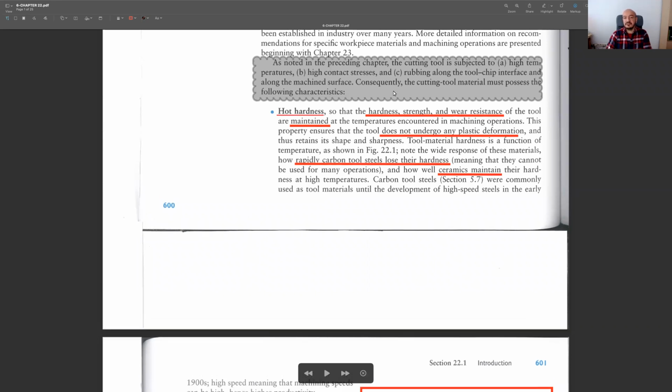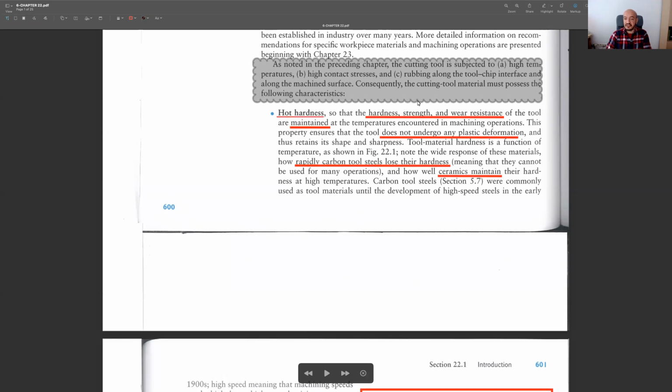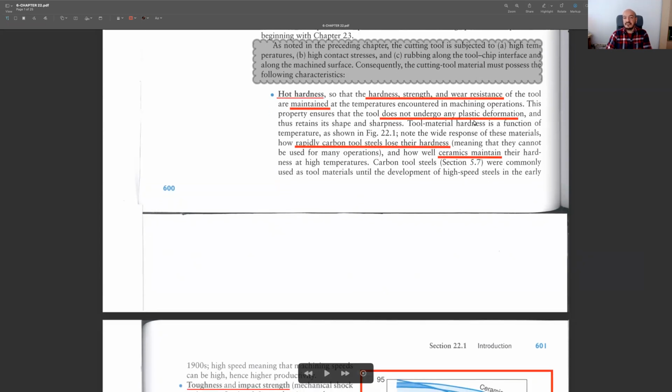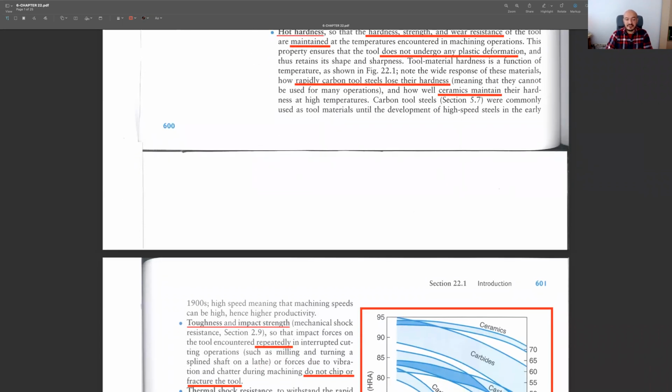Besides hardness, it should also maintain its strength and its wear resistance, so that machining can be performed even at high temperatures. And the result is that our cutting tool will not undergo any plastic deformation. So if your cutting tool material has low hot hardness values, then probably it will be deformed at temperatures around 200, 300.